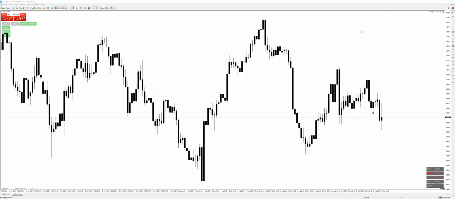So all of us know that the area where we have the V shape or the reverse V shape, this area will show us what we call support and resistance. Resistance, support.